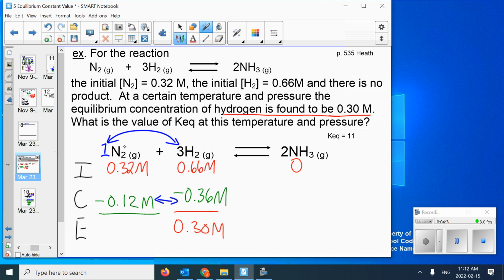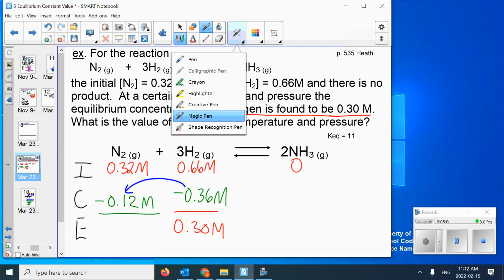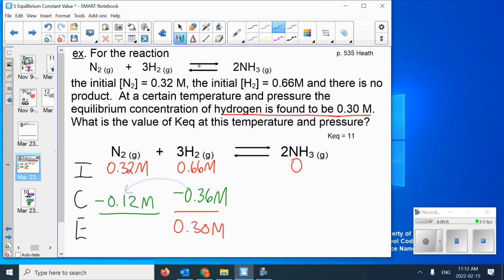The change is always in the balanced numbers ratio. Now, you see where we got 0.36 from? Once you have 0.36, you know that is 3 times as much as what you have for nitrogen. So dividing by 3, that's where we get 0.12. So 0.32 minus 0.12 is 0.20. We now have an equilibrium concentration for nitrogen. Thank you for that.